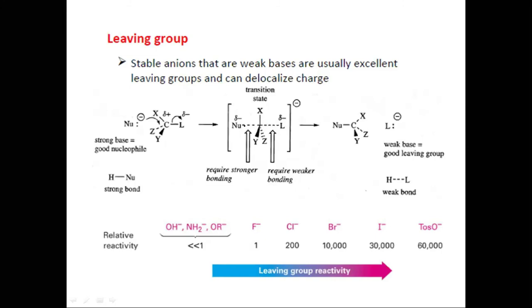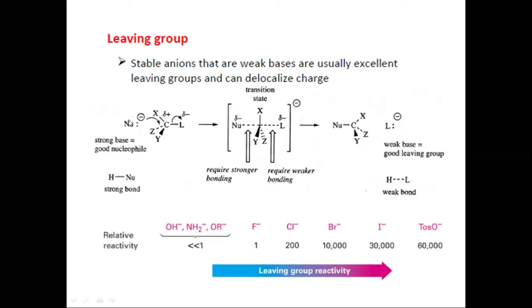So the requirement is a strong interaction between the carbon and the Nu, and weaker bonding between the carbon and the leaving group. Then only you can expect the SN2 product. And the leaving group prefers to leave as L minus, so it should be a weak base.